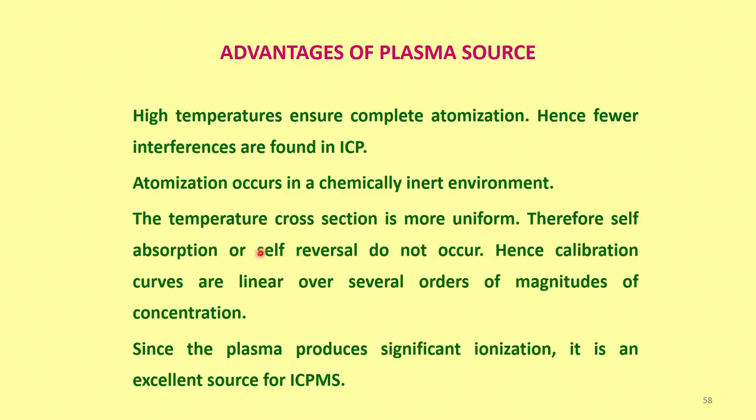So, the temperature cross section is more uniform above 15 mm, and therefore, self absorption or self reversal do not occur. This point I have conveyed to you so many times now. Hence, calibration curves are linear over several orders of magnitude of concentration. I had earlier mentioned to you that whenever we want to make a calibration curve, we work with 10 ppm, 50 ppm, 100 ppm, 1000 ppm like that.